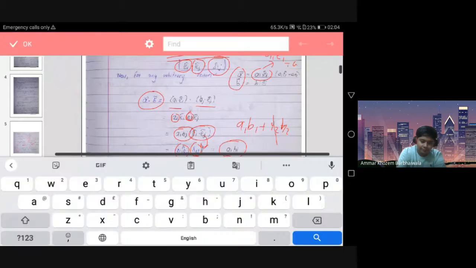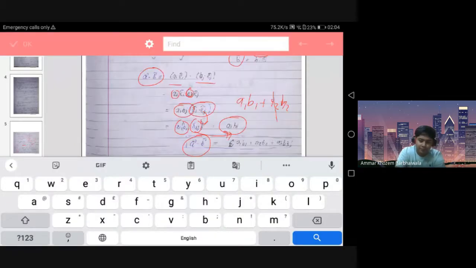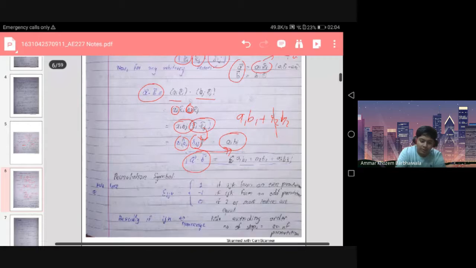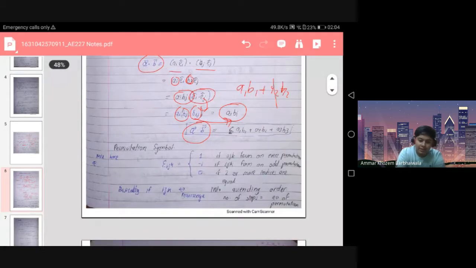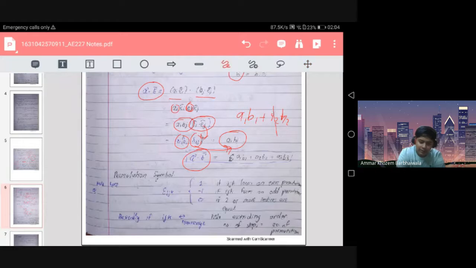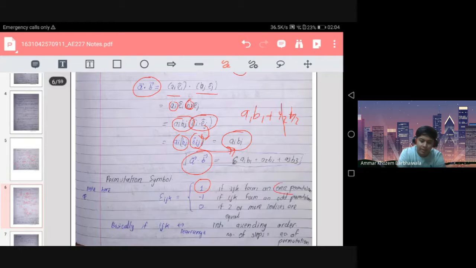There's also this thing called the permutation symbol, whose value is 1 when i, j, and k form an even permutation, and its value is -1 when i, j, and k form an odd permutation. So i, j, k may form an odd or even permutation. If I take i equals 1, j equals 2, and k equals 3, they are all in ascending order, forming 1, 2, 3.